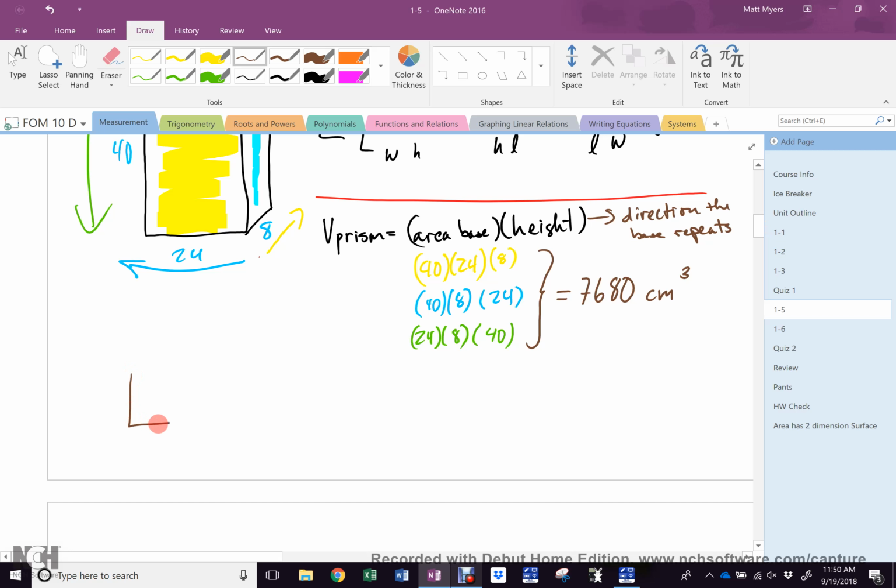What if I gave you this shape like a mailbox? Oh.